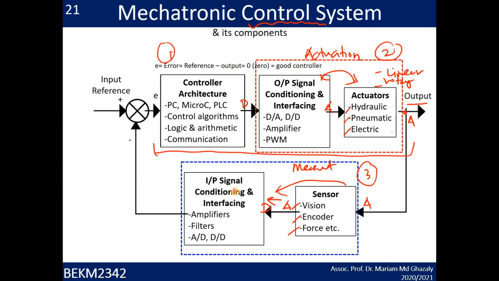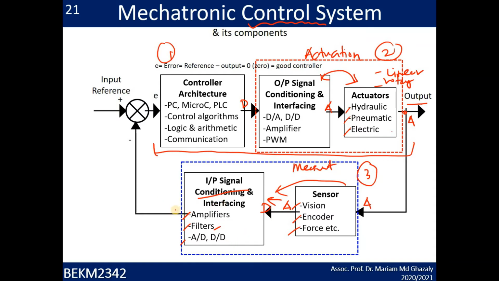So you have the signal conditioning again in this block, measurement. You either want to amplify the signal from the sensor, so you have the amplifier, or you have the filter, if the reading from the sensor is too noisy, so you need to add the filter. And you also need to have the A to D converter, or analog to digital converter.